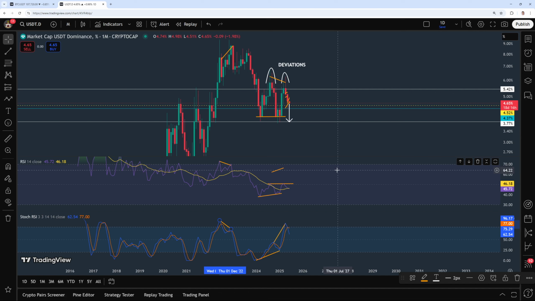We have been applying this. This is not something I'm making up, something I'm trying to cherry pick to believe we are going up.